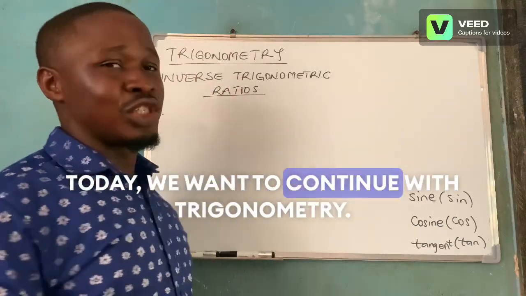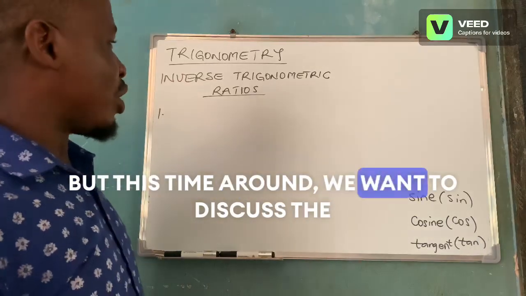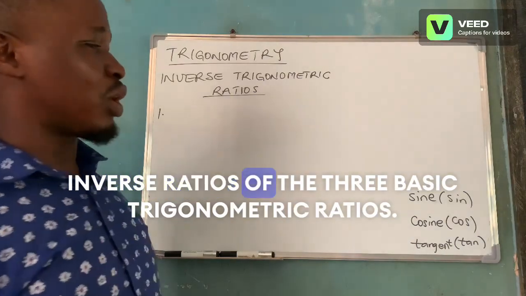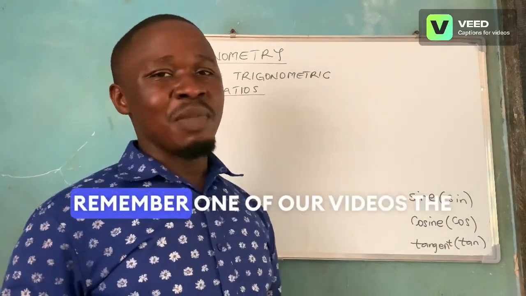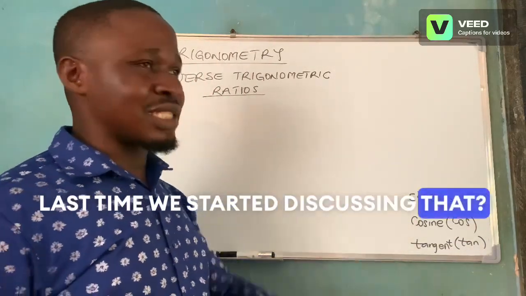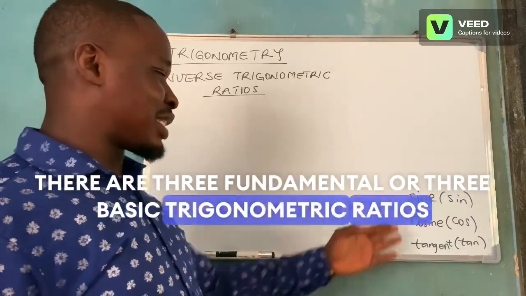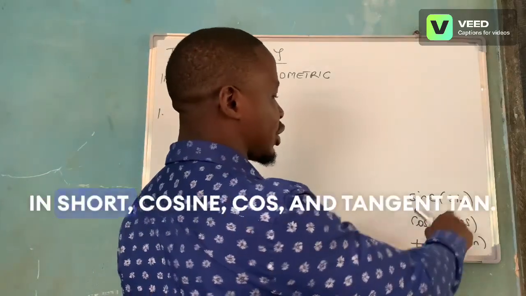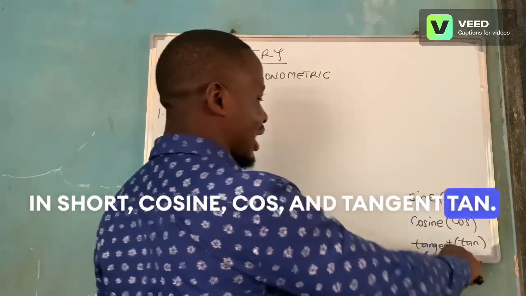Today we want to continue with trigonometry, but this time around we want to discuss the inverse ratios of the three basic trigonometric ratios. Remember, in one of our videos the last time, we started discussing that there are three fundamental or three basic trigonometric ratios: sine, short form sin; cosine, cos; and tangent, tan.